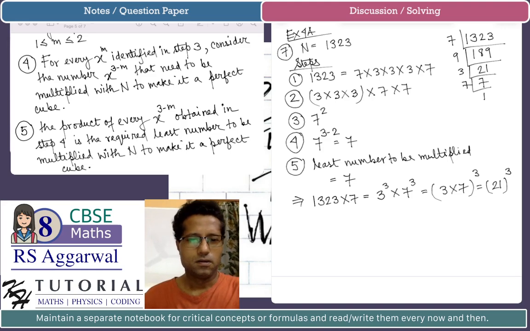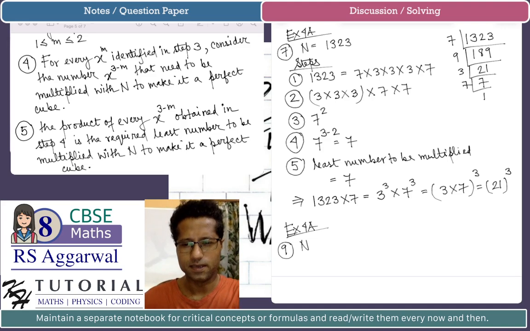Okay. Let's see another one. Find the smallest number. This is again a problem from exercise 4A. This is problem number 9, where the given number is 1600, and it is asking what is the smallest number by which 1600 must be divided.